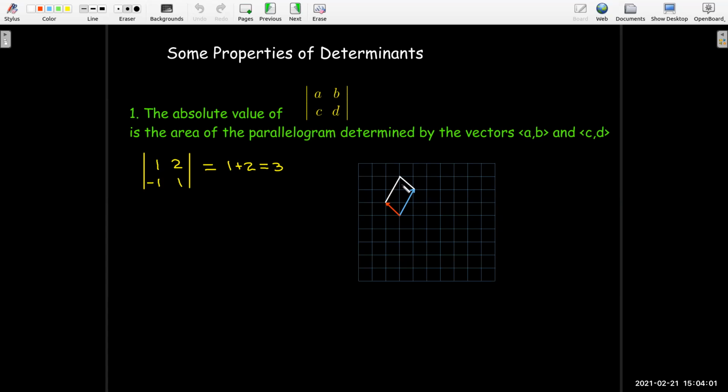And then if you look at this parallelogram as being two triangles, the base of each triangle is the diagonal, which has length 3. The height of each triangle is 1. So you can verify that the area is indeed 3.